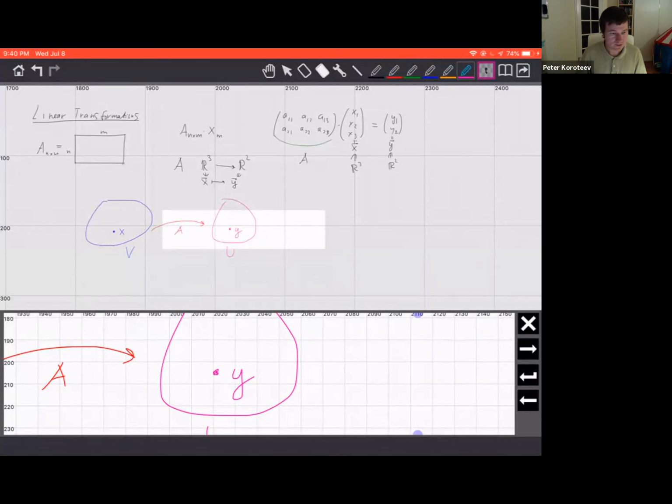We have a little bit more, like 10 minutes left or so. We can look at some examples of linear transformations, and I encourage you to read the book in subchapters 1.8 and 1.9. There are a lot of beautiful examples with pictures.